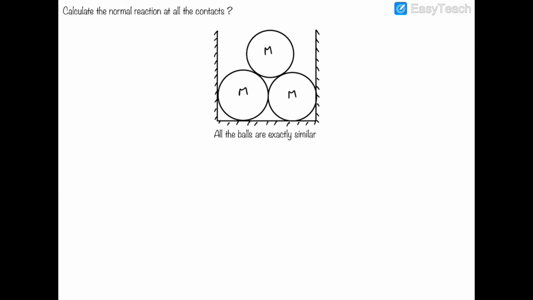Let me name the balls: this is A, this is B, and this is C. If ball A is free to move in the downward direction, then it would move downward, and B and C would move in opposite directions horizontally. B would move towards the left side, and C would move towards the right side. So it is an understood fact that if A is moving downward, then B would move towards the left and C towards the right.